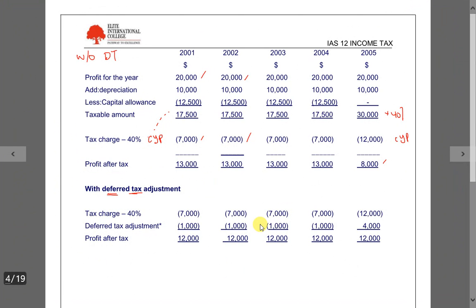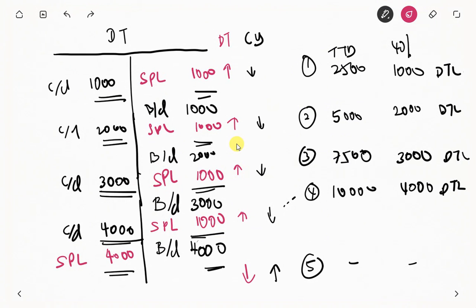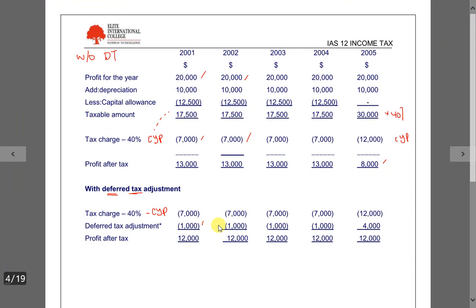So yes, the current year provision is 7, because it's between us and the government. I claim more, I pay less tax to the government. But in the future, definitely I'm going to pay more. Deferred tax comes in there. You can see from here, 11, 11, 14. So it's 20,000 minus 8.